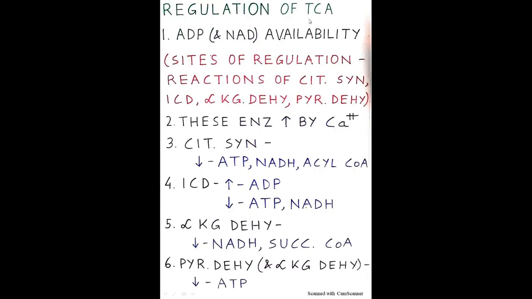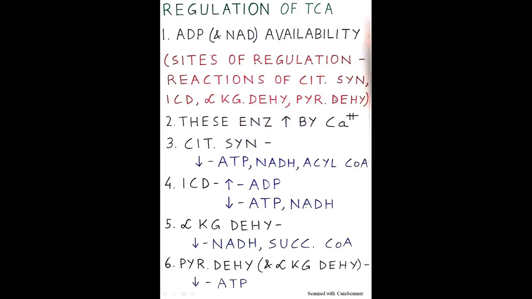Regulation of Krebs cycle. Firstly, the availability of ADP and therefore NAD. So the sites of regulation are the reactions catalyzed by citrate synthase, isocitrate dehydrogenase, alpha ketoglutarate dehydrogenase, and you may say pyruvate dehydrogenase.